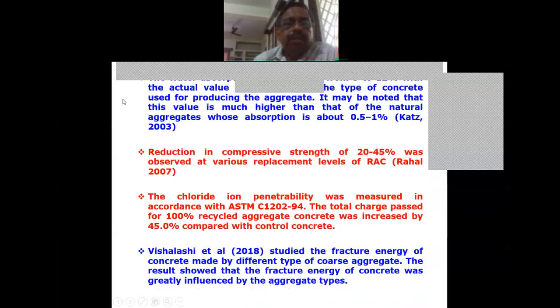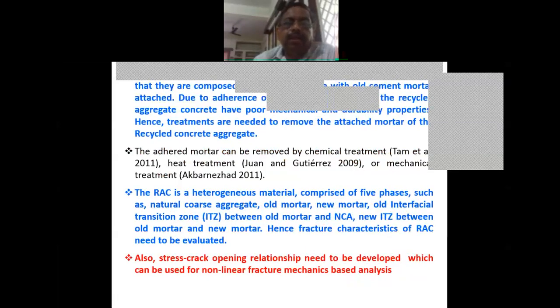So normally recycled concrete aggregate will have a higher water absorption, lower compressive strength and higher chloride permeability compared to natural aggregates, and its fracture energy and fracture properties are also different because of the adhered mortar.